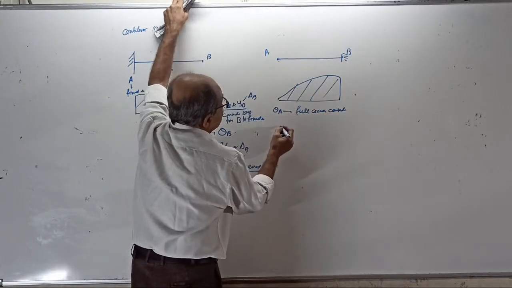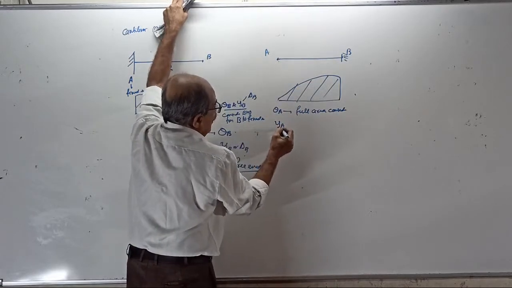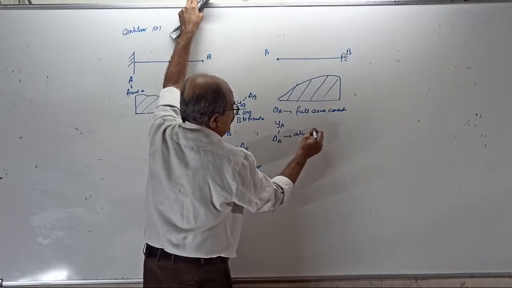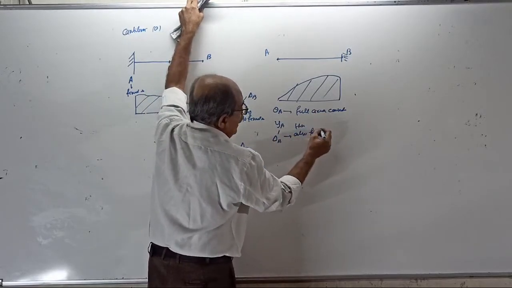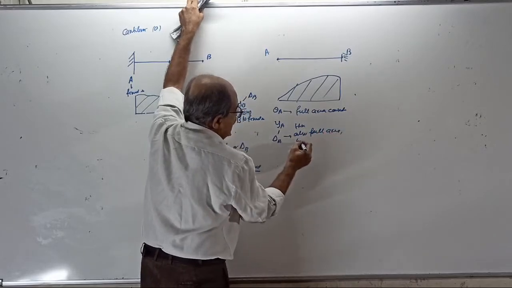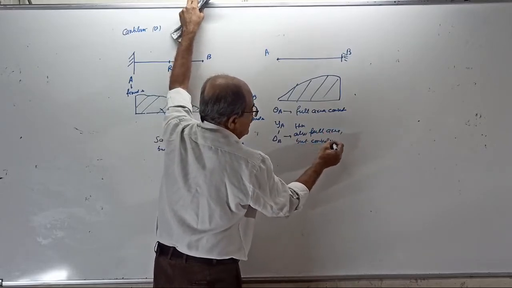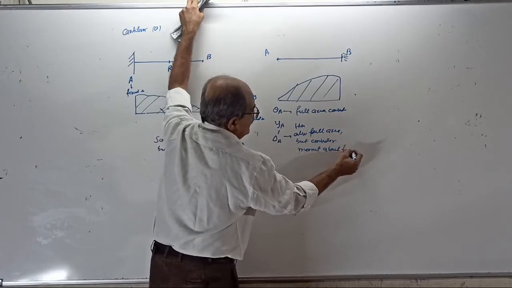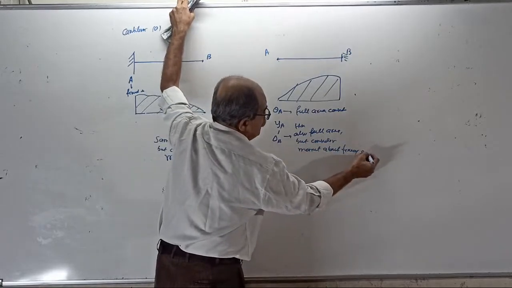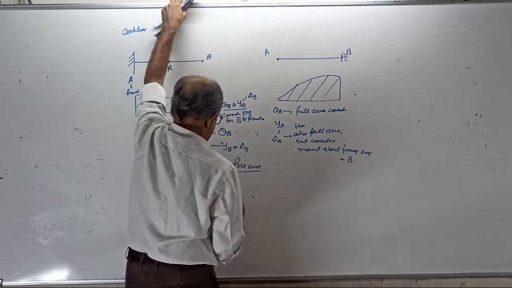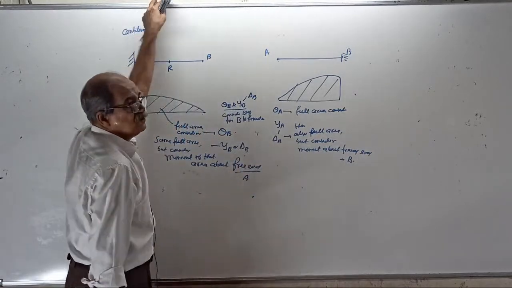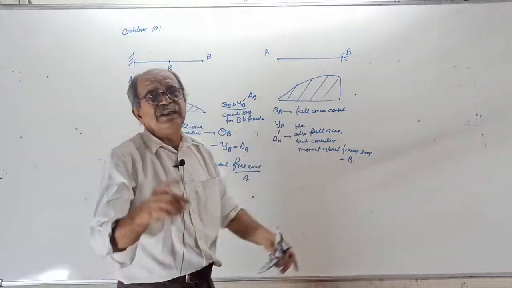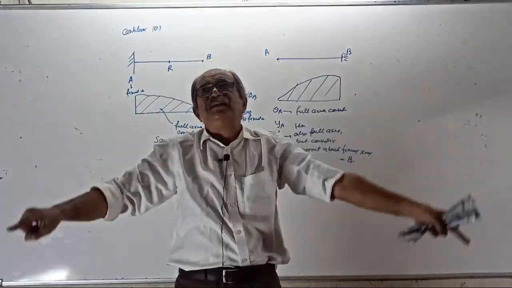Now suppose I want deflection at A or delta A, that is the free end deflection. Then also full area, but consider the moment about the fixed end. Here also the fixed end, there also a fixed end. Here the fixed end is A. Over.